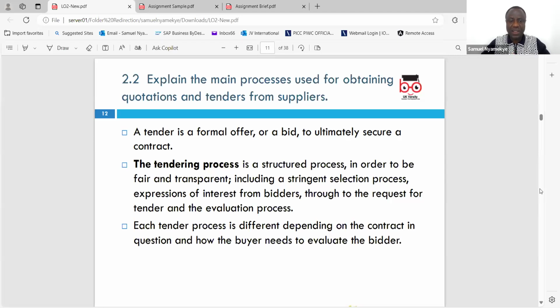Based on your request. So we are saying that the tendering process is a structured process in order to be fair and transparent, including a stringent selection process, expression of interest from bidders, like I mentioned, through to the request for the tender and the evaluation process. It starts from where we need to get people to participate in a particular exercise.